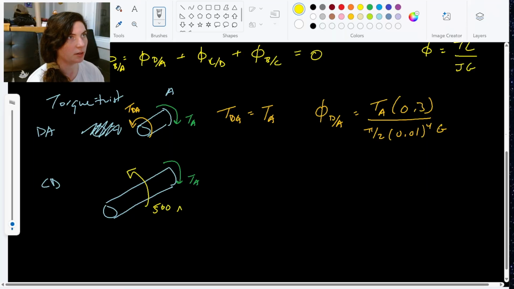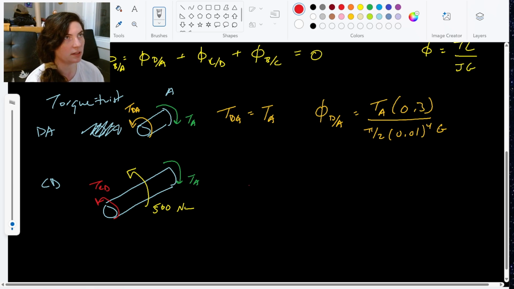And then what we're solving for is whatever this cut is, right? So this cut through here, the torque in section CD.